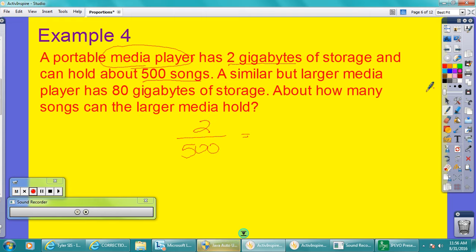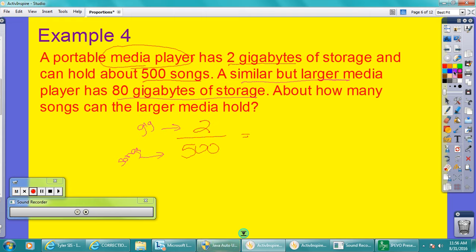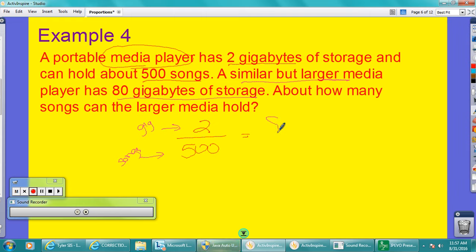Now, a similar but larger media player has 80 gigabytes of storage, and how many songs? This is my gigabytes, and this is my songs. I'm going to set the other side up the same way, with gigabytes on top, songs on bottom. I know the new player has 80 gigabytes, but we don't know how many songs.